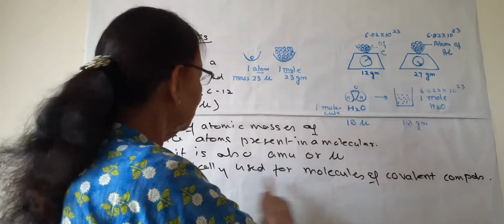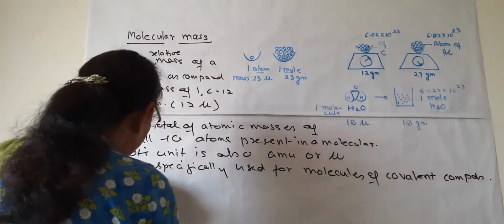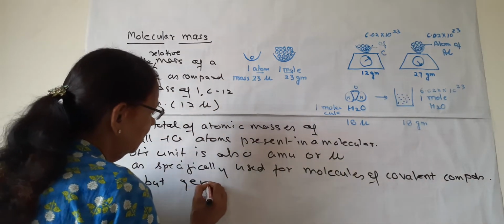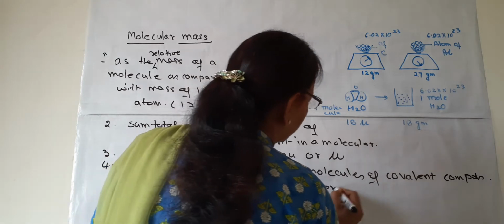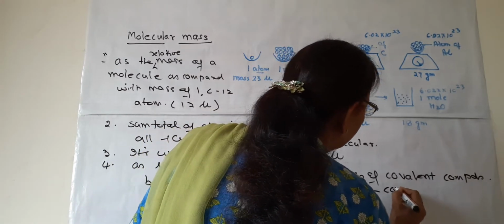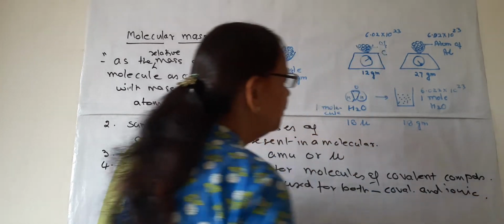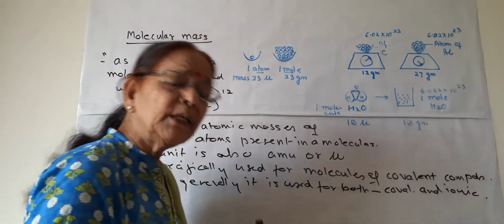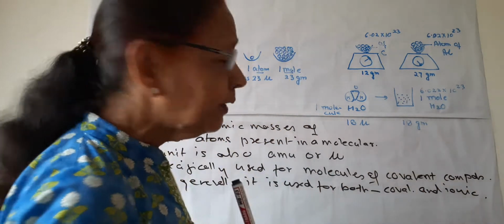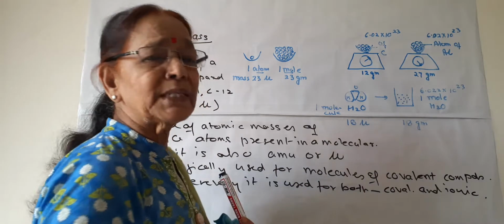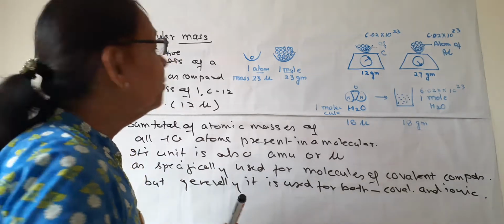Generally we use molecular mass for both covalent and ionic, but for ionic compounds it is formula unit mass, and for covalent compounds specifically it is molecular mass. So this is how we can describe molecular mass.